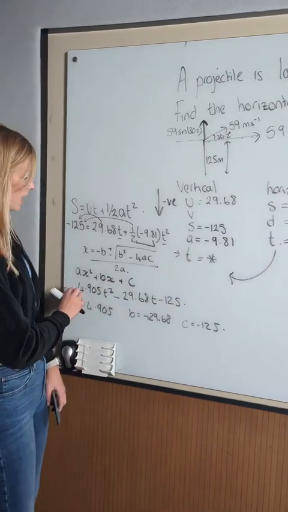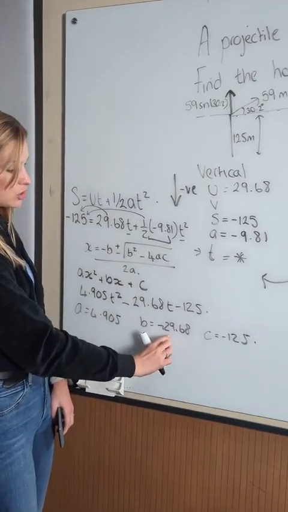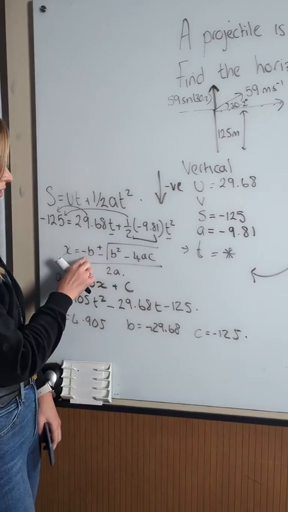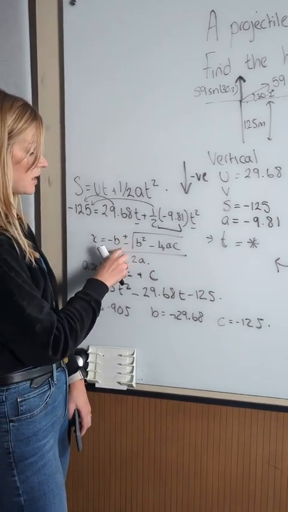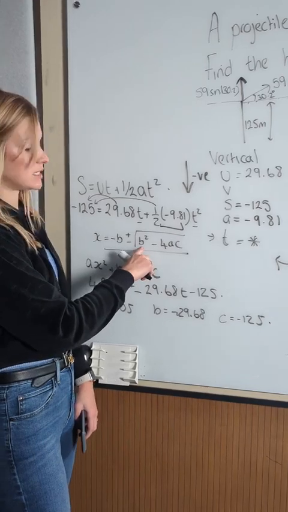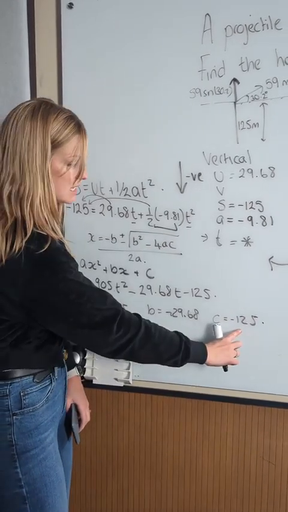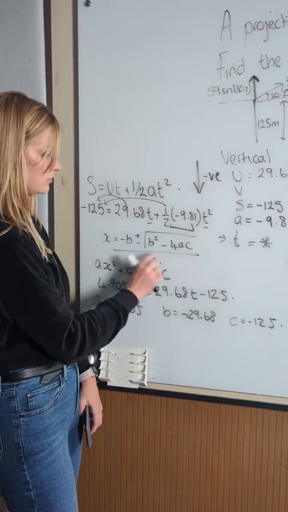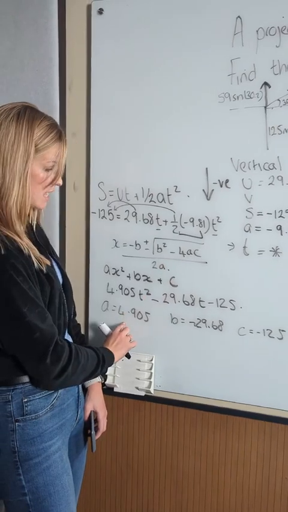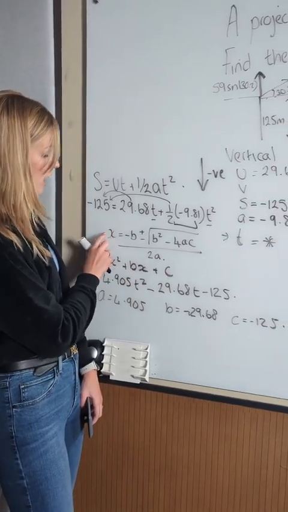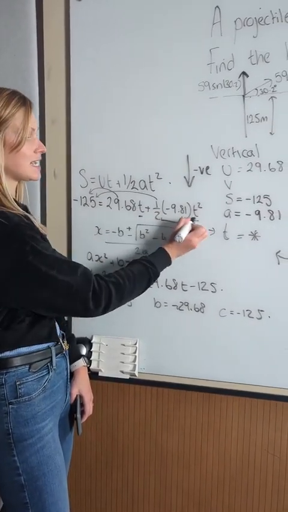Okay, so what we're doing again is negative B, so I'm going to use the negative of a negative. I'm going to use 29.68 plus or minus the square root of negative 29.68 squared minus 4 times A times C, divided by 2 times A. And we're not actually solving for x because it's t in my equation.